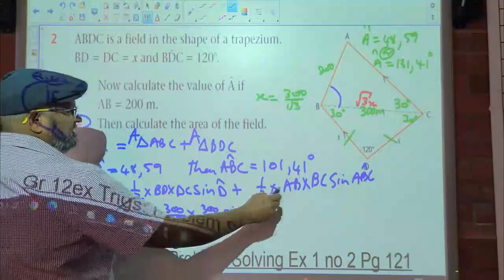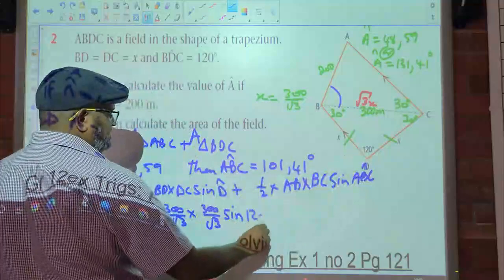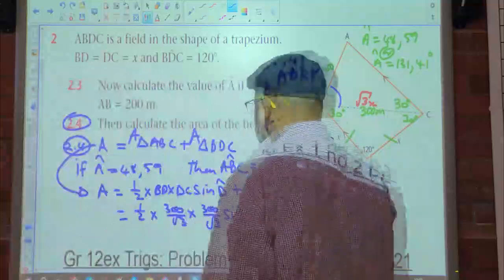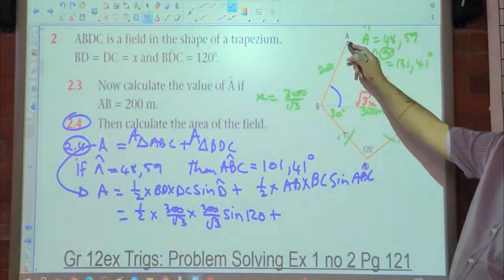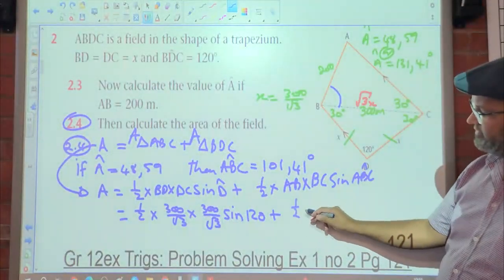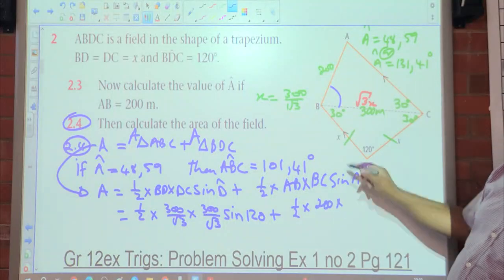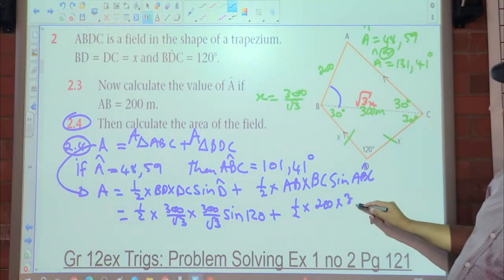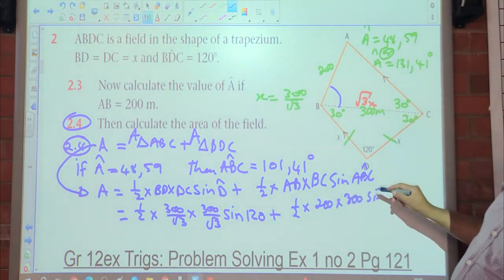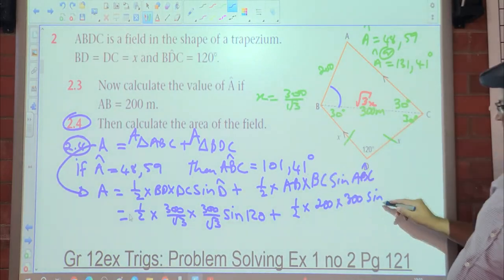Sine of angle D, which is 120, plus half times 200 times 300 sine of 101.41.